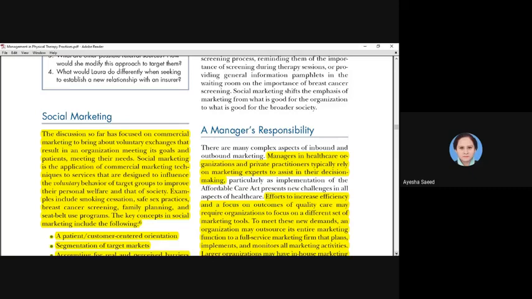Examples include smoking cessation, safe sex practices, breast cancer screening, family planning, and seatbelt use programs.